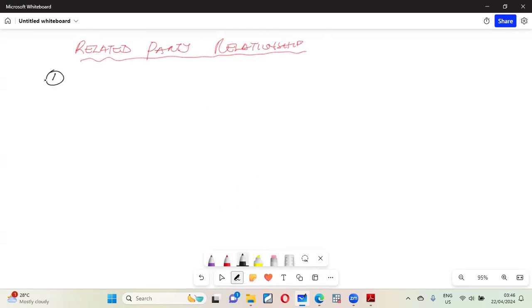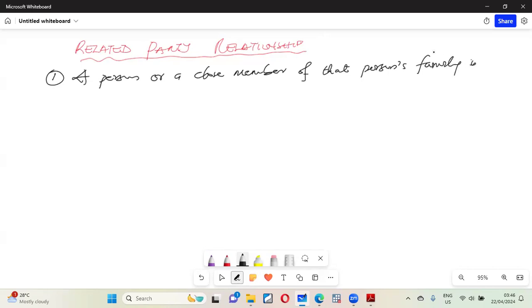So now we say that a person or a close member, i.e., let's say a family member, all right, so we say a person or a close member of that person's family, all right, is related to a reporting entity.